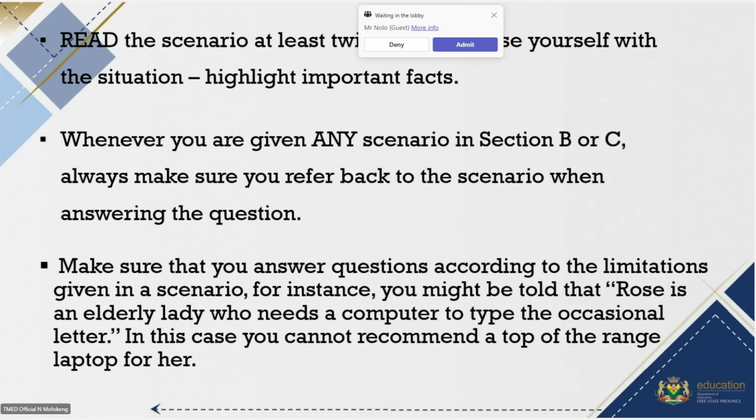So whenever you are given any scenario in section B or C, always make sure that you refer back to the scenario when answering the questions. Because more often than not, you make the mistake of answering the question in general without looking at the scenario.